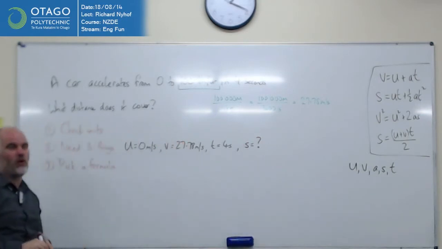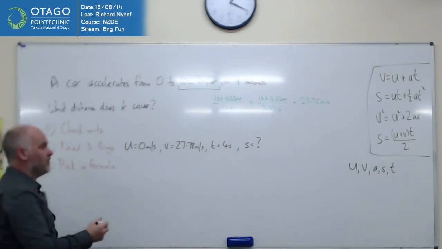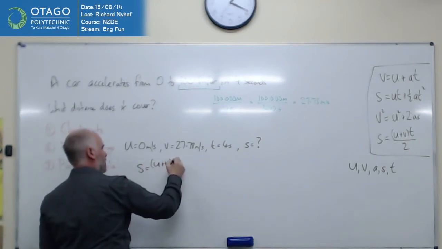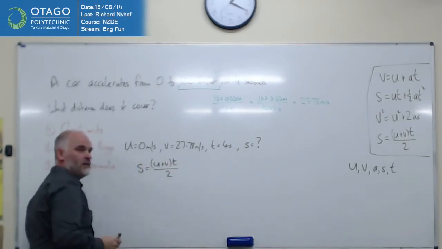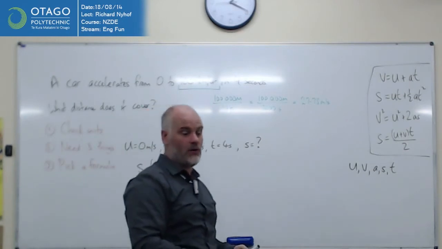So in this case, I want the distance. So I want one that's got an S in it, a U, V, and a T. So looking at the formula on the right-hand side there, which formula are you going to pick? The bottom one? Bottom one makes sense to me. Yep. Okay, so that's got the thing we want, and it's got the things that we know, which is good.